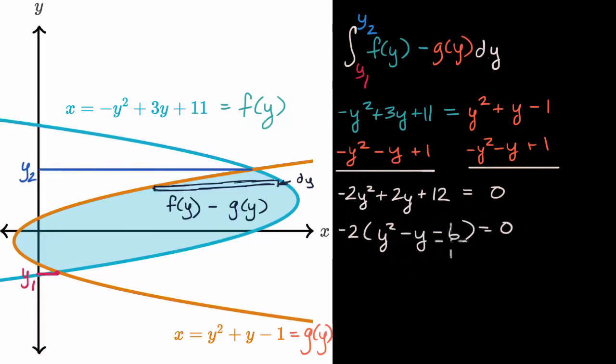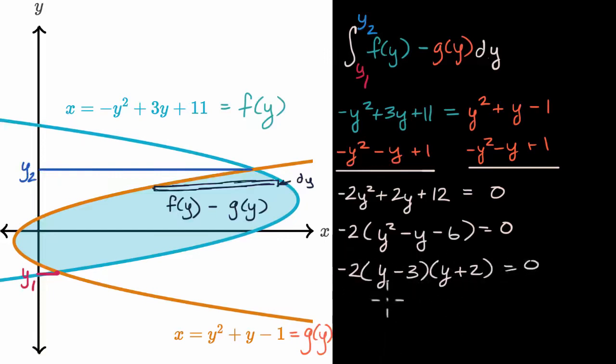This we can factor from inspection. What two numbers, when we add, equal negative 1, and when we take their product, we get negative 6? Well, that would be negative 3 and 2. So this is going to be negative 2 times y minus 3 times y plus 2. That's just straightforward factoring of a quadratic. Did I do that right? Yep, that looks right. Is equal to 0. So what are the points of intersection?